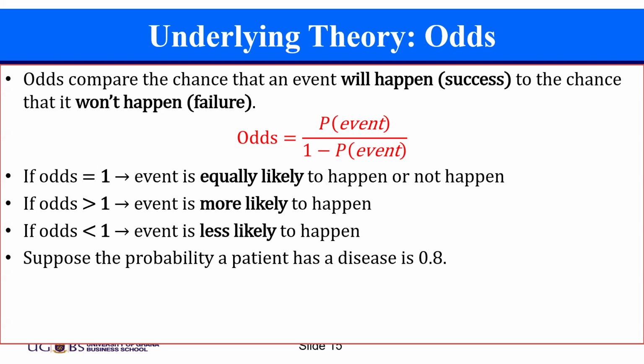Suppose the probability that a patient has a disease is 80%. What are the odds here? The probability that the patient has a disease is 0.8. What will be the odds? It will be point what divided by point what?